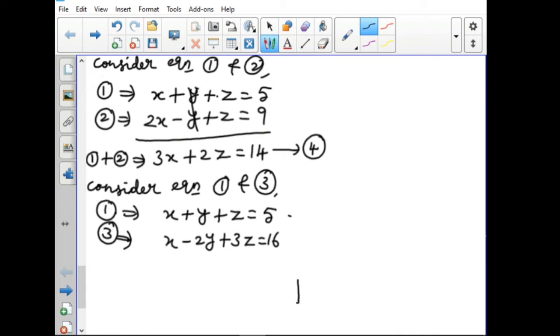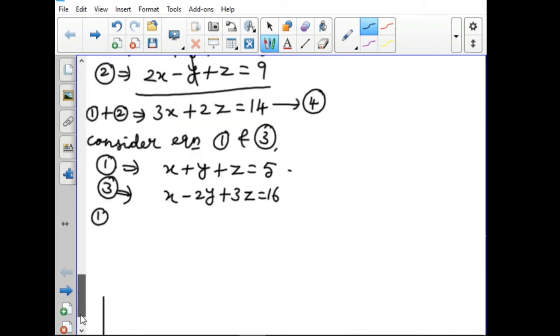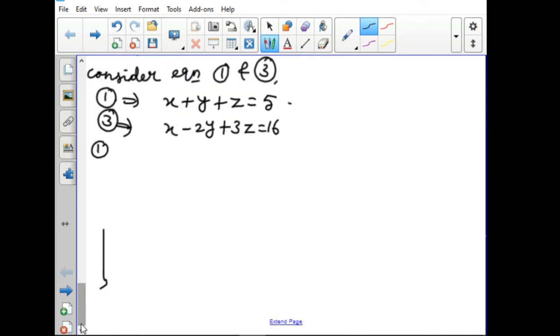Okay. Equation 1 multiplied by 2 gives 2x plus 2y plus 2z equal to 10.